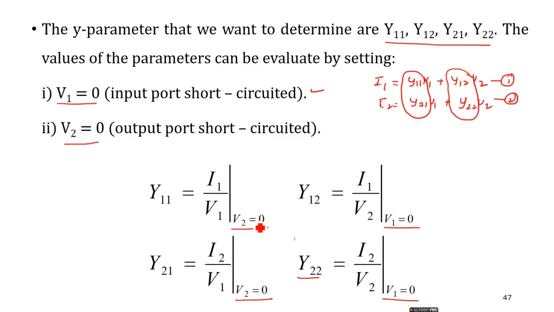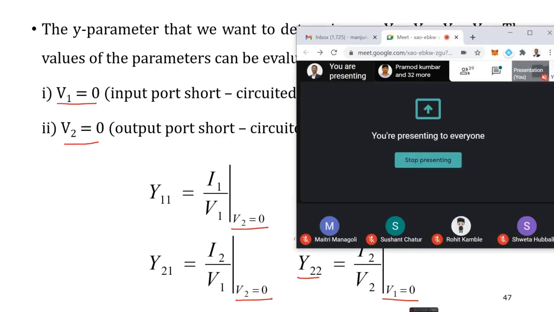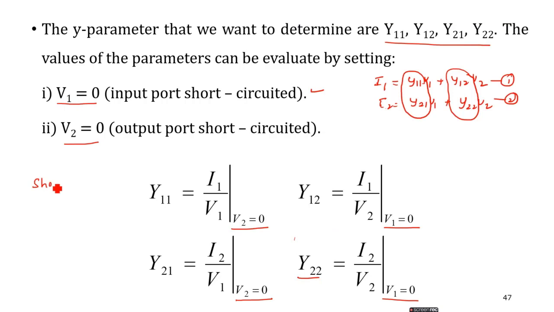So is that okay? Right. Y11 is called the short circuit input admittance. Keep that point in your mind. Y11 is called short circuit input admittance, and it is measured in Siemens.